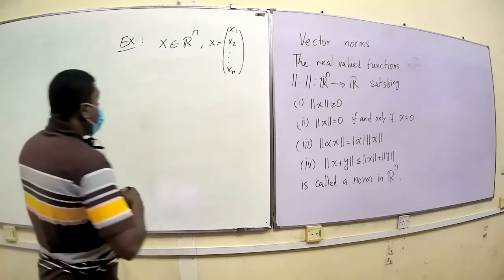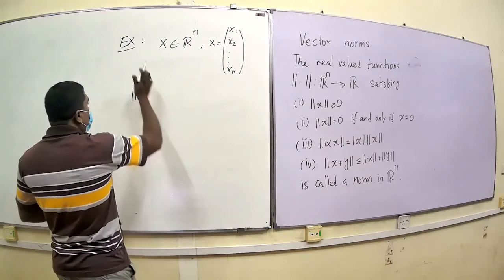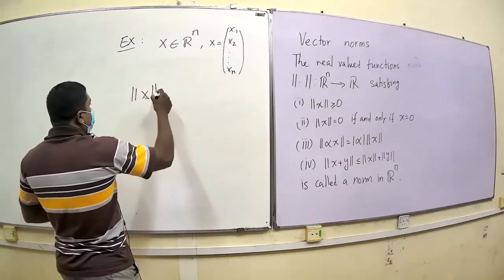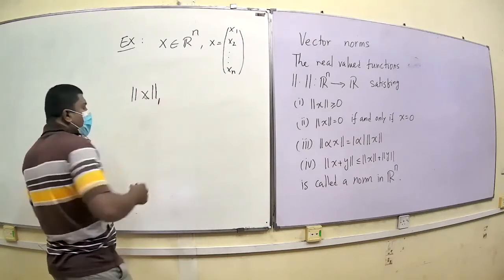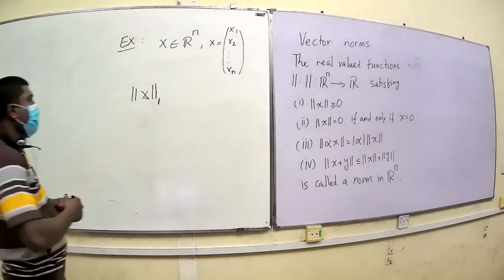The norm we define, I'm going to use a new notation, subscript 1, because we are using a lot of different norms. We will put different notations for those norms.